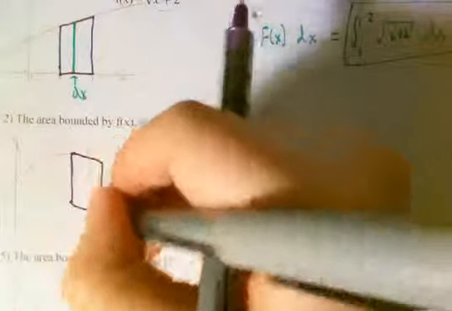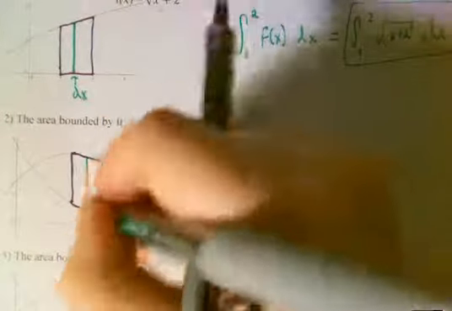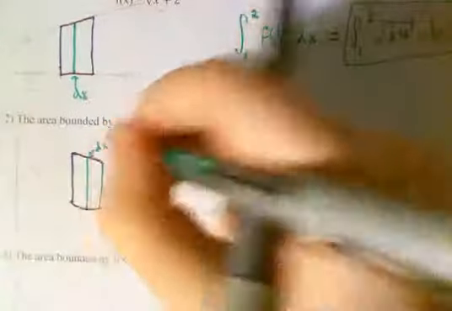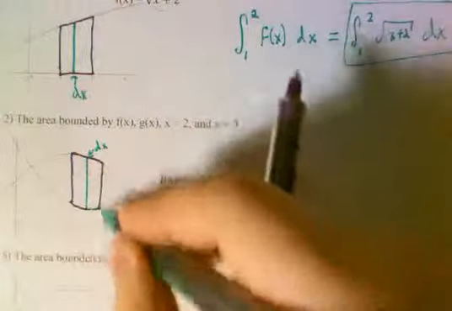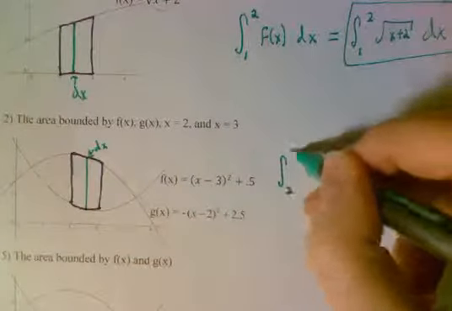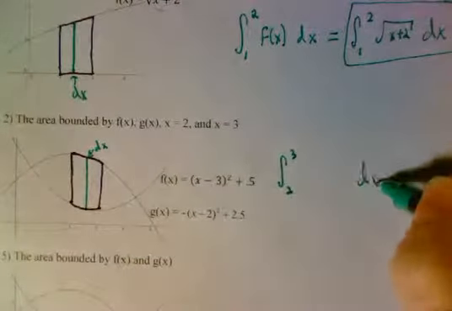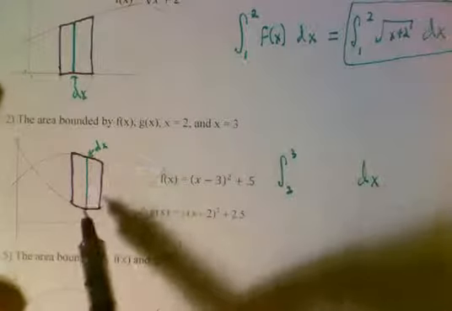So if I draw them like this, then I'm going to touch the same thing at the top and bottom all the time. This width here is dx. So my first rectangle's at 2, my last one's at 3. So we've got the integral from 2 to 3 with this dx. But how do we figure out the height?